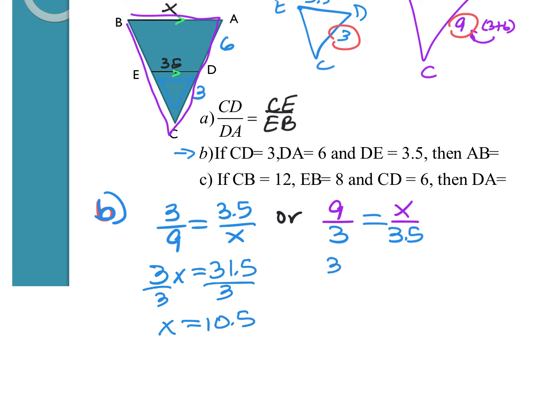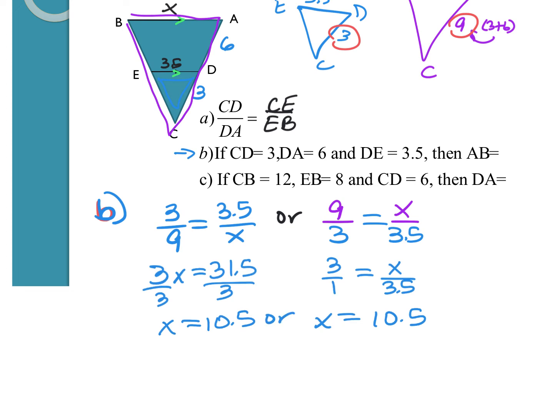If you reduce this, it makes it a little bit easier. And for some of you who are struggling to divide decimals, I would have definitely reduced that fraction since you're not using a calculator. So this way, all you have to do is 1 times x, and then just multiply 3 times 3.5, which automatically goes right to 10.5.